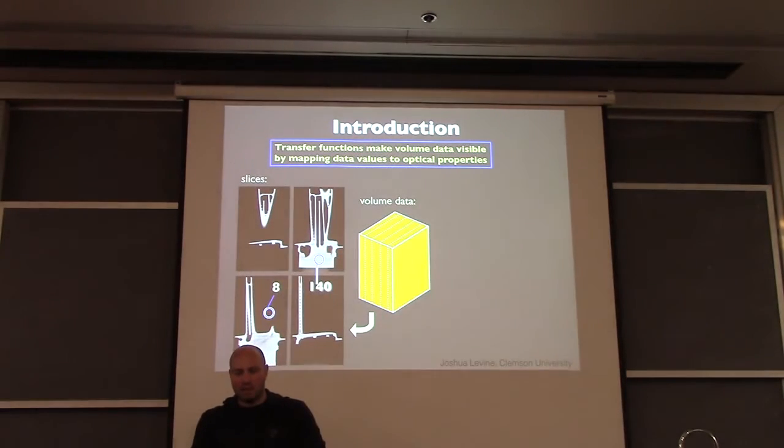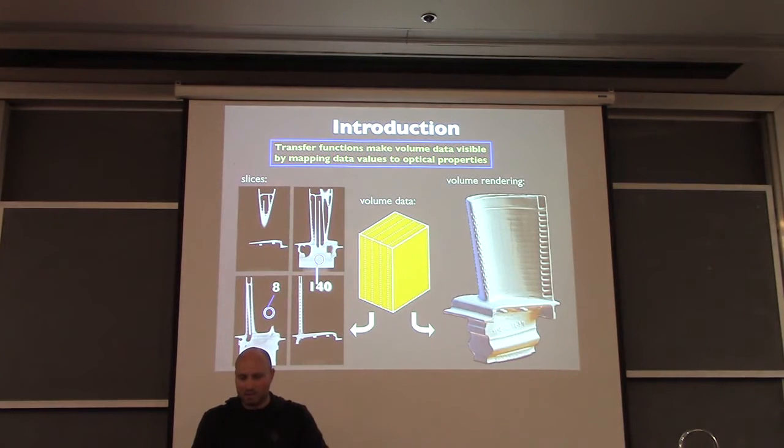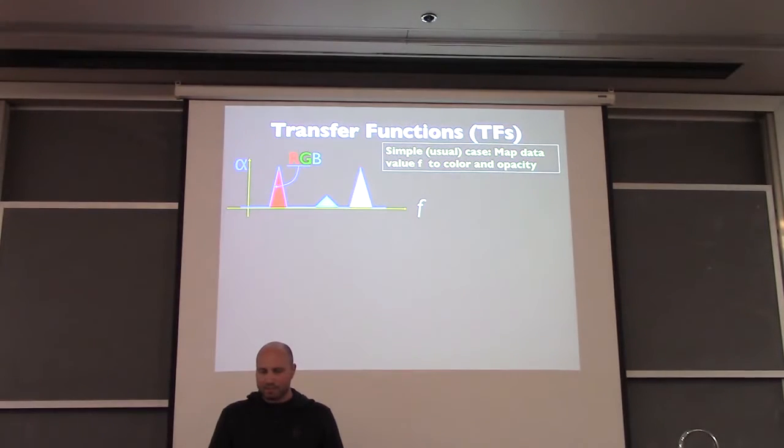So transfer functions make volume data visible by mapping these data values to optical properties. So yeah, you're starting with a block of volume data and you don't know what's inside it, and you're going to end up with a volume rendering that looks, if not like a surface, then something your eye can immediately grasp the shape of.